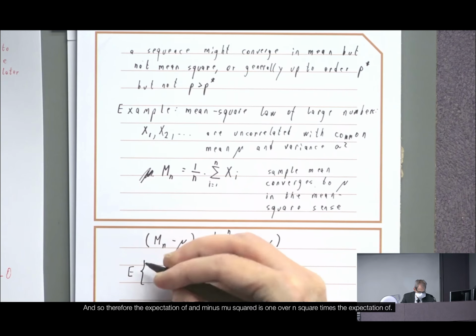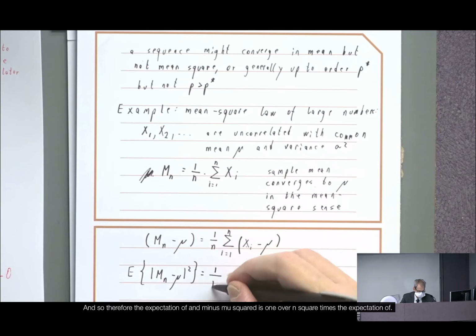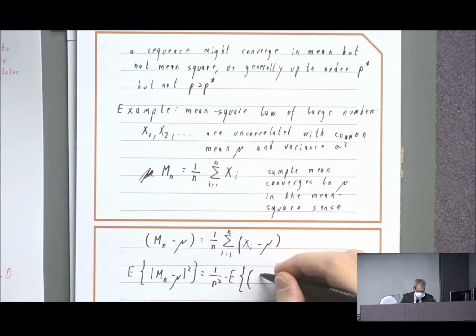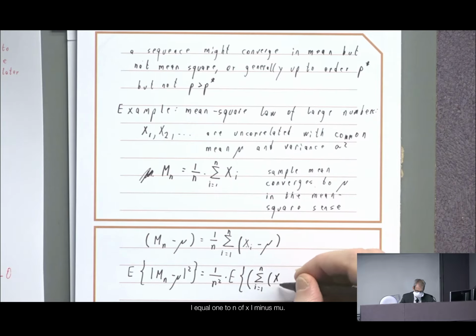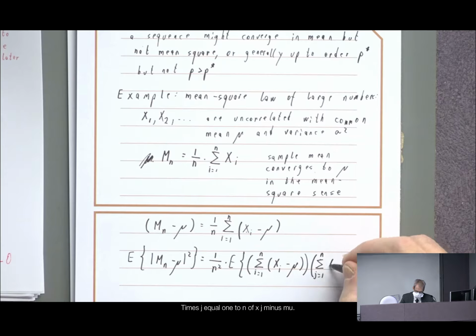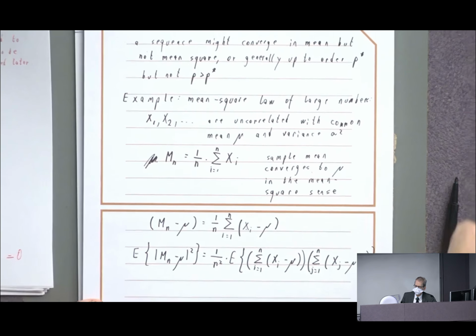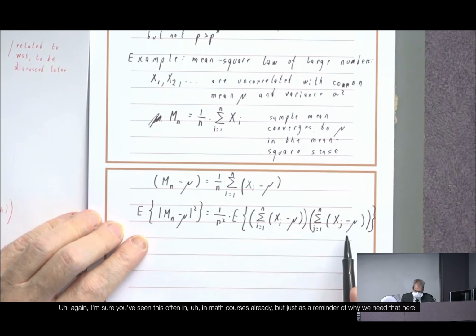And so therefore the expectation of mn minus mu squared is 1 over n squared times the expectation of the sum over i equal 1 to n of xi minus mu, times the sum over j equal 1 to n of xj minus mu. Right? So remember that trick that we use. If we have the sum of something and then squared, we write that as a sum over these terms with index i multiplied with the sum of the same thing with index j. And you cannot just write it as the sum over i of this term squared, because that would neglect all of the cross terms. Again, I'm sure you've seen this often in math courses already, but just as a reminder of why we need that here.